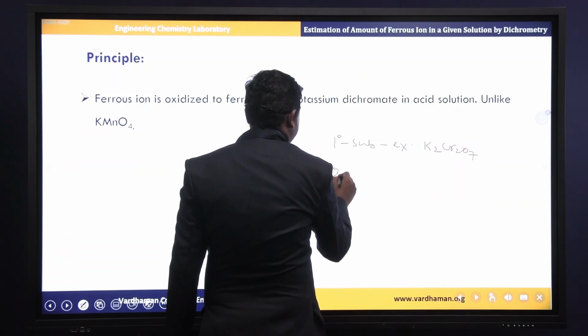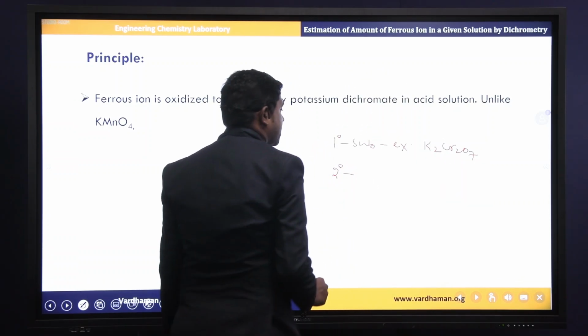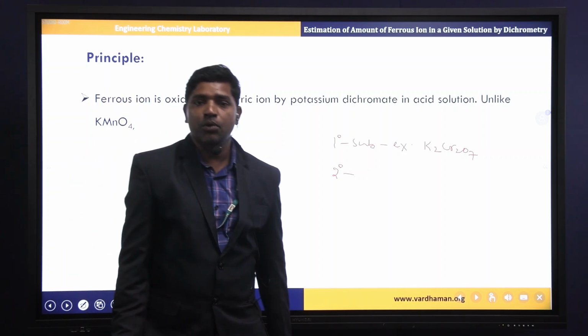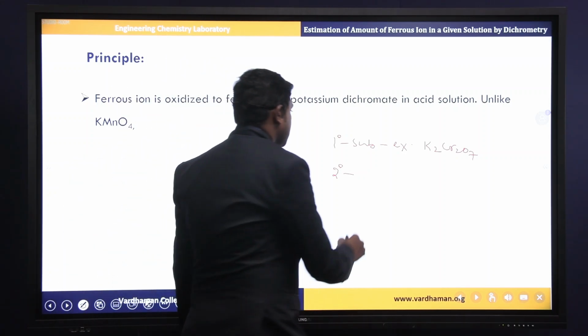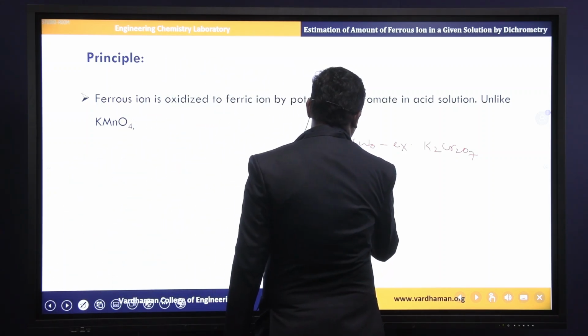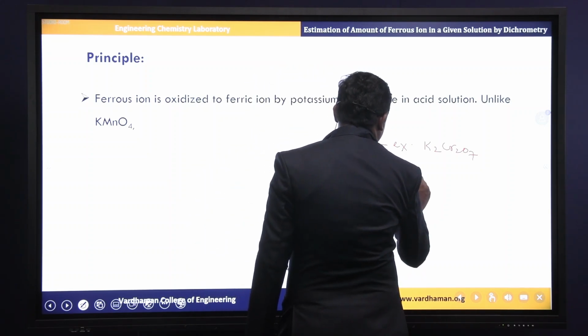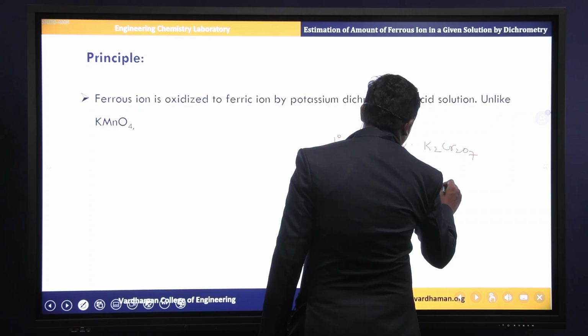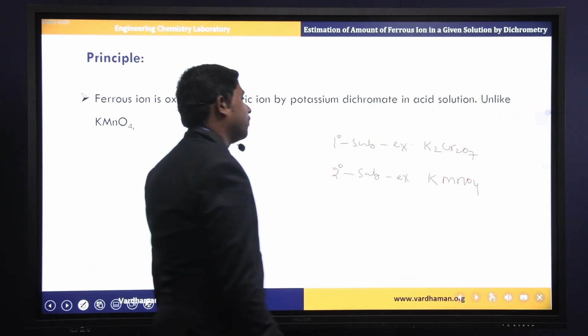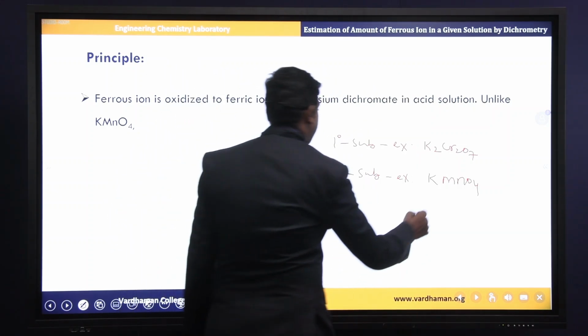Secondary substances are substances which are not available in pure form. An example of a secondary substance is potassium permanganate, KMnO4. It is a secondary standard solution.